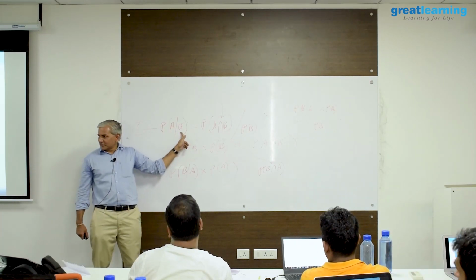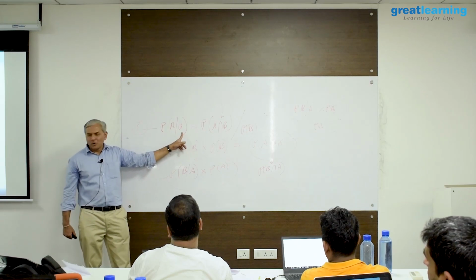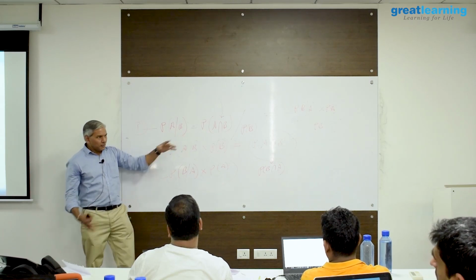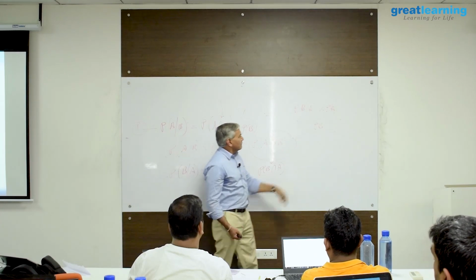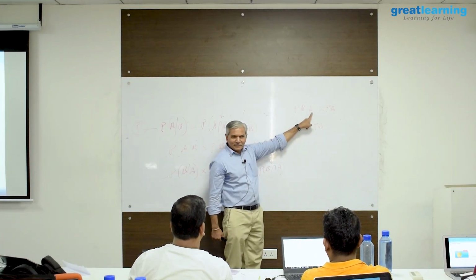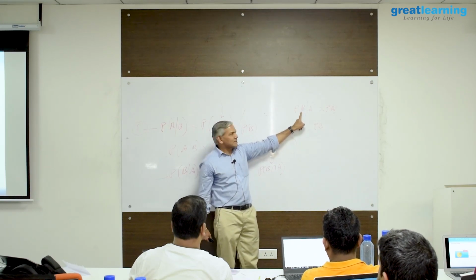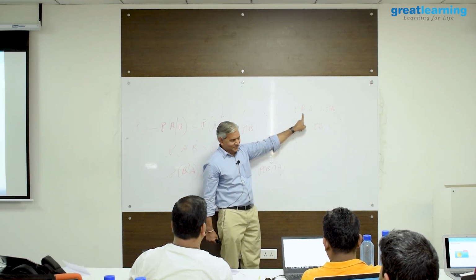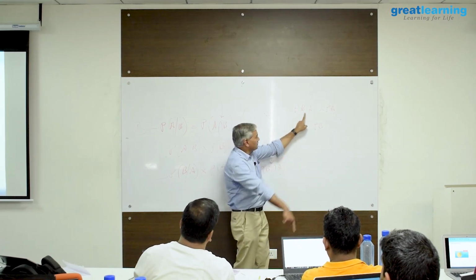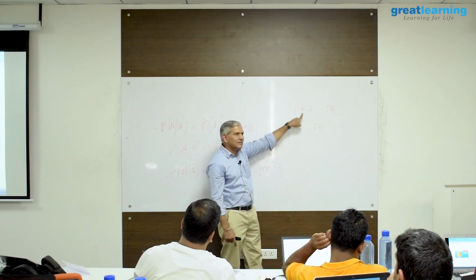What Mr. Bayesian said is, instead of building models, go back to your data. From your data, pull out all those records where people were diabetic. How many of them had these conditions? This is called likelihood ratio. Go back to your data, from the data pull out all the diabetic cases, how many of them had this condition?